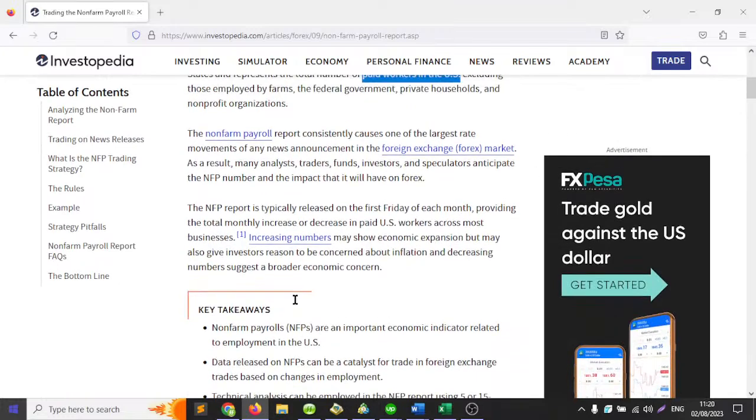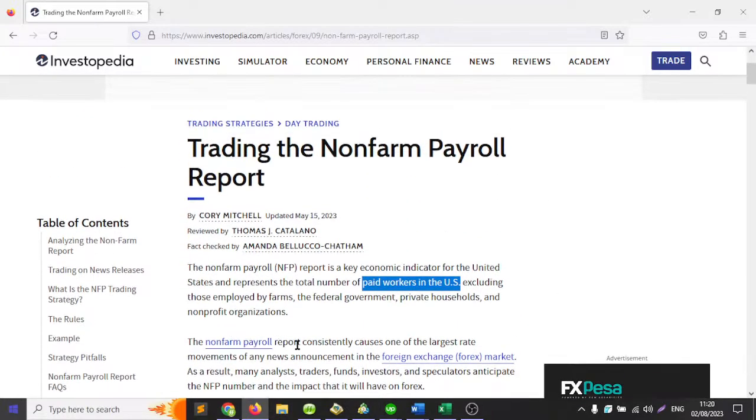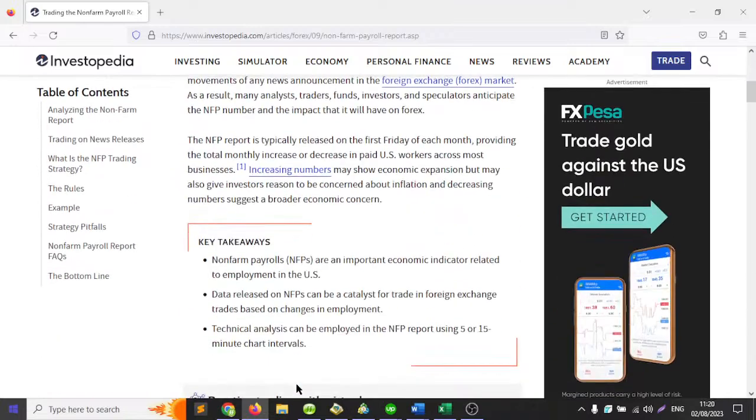So the other thing is that non-farm payroll reports consistently produce one of the largest movements of any news in the foreign exchange market. As a result, many analysts, traders, funds, investors, and speculators anticipate the NFP number and the impact that the news will have in Forex.